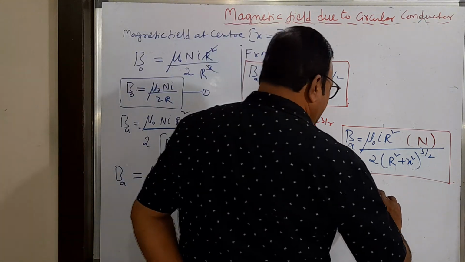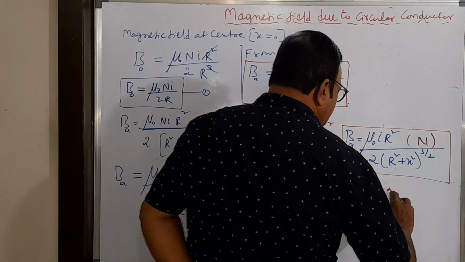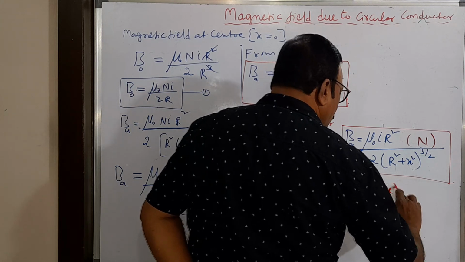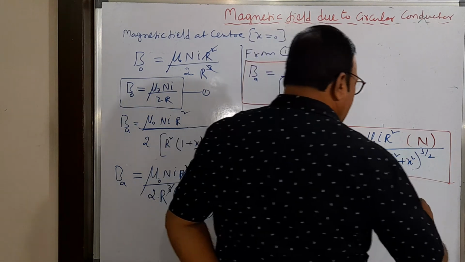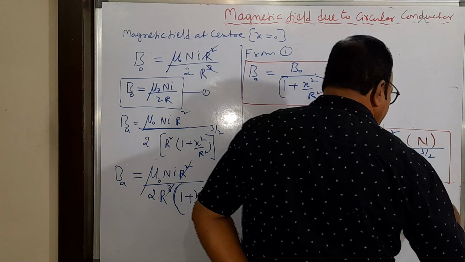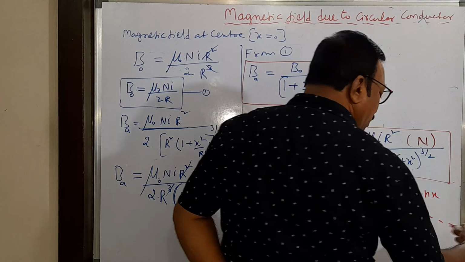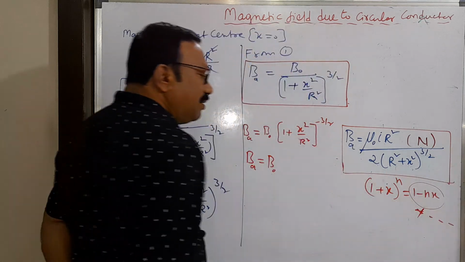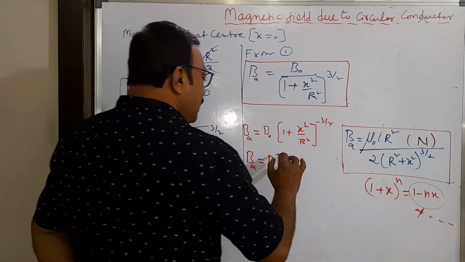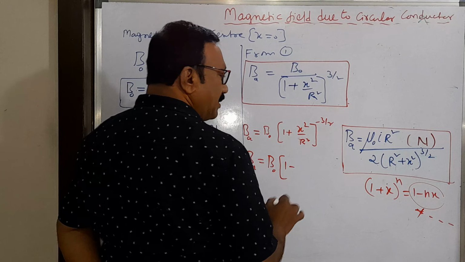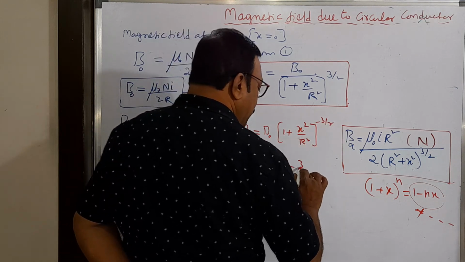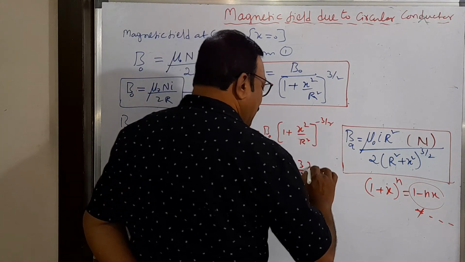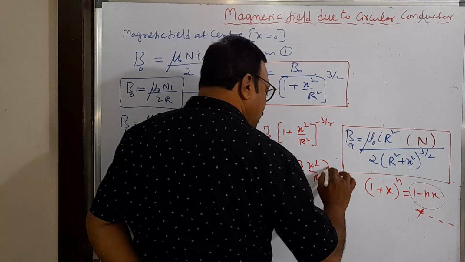So you have an expression 1 plus x whole to the power of n. It is nothing but 1 minus nx, etc. You will have some more terms, neglecting higher terms. Neglecting higher terms, I have to write only 1 minus nx. So this is nothing but 1 minus n, n means 3 by 2, x means x² by r².